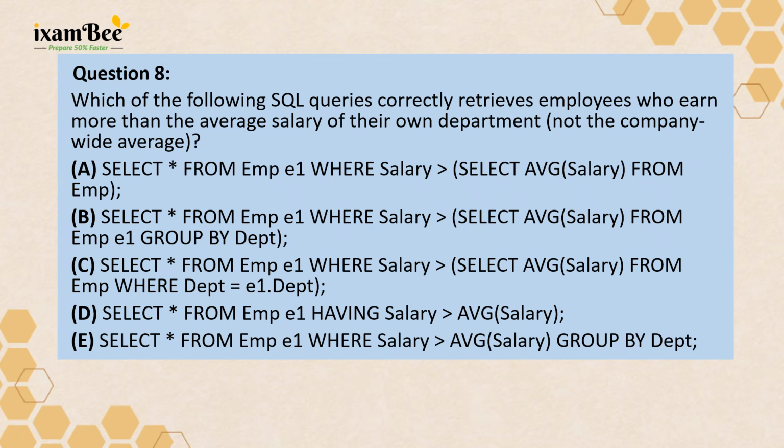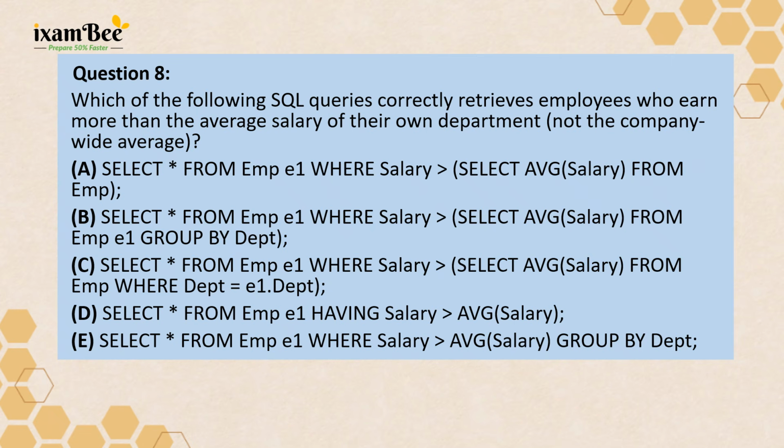Next we have: which of the following SQL queries correctly retrieves employees who earn more than the average salary of their own department, not the company-wide average. So the phrase their own department tells us we need a correlated subquery, one that recalculates for each outer row individually rather than computing a single fixed value once.